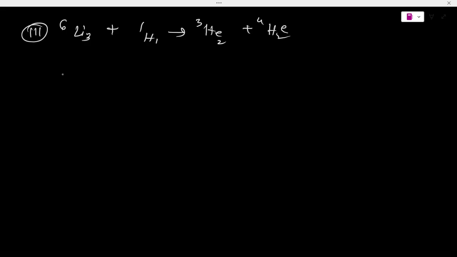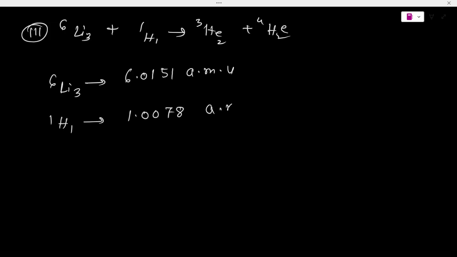Here you can see that the atomic mass of lithium-6 is 6.0151 atomic mass unit, and hydrogen-1 will be 1.0078 atomic mass unit.